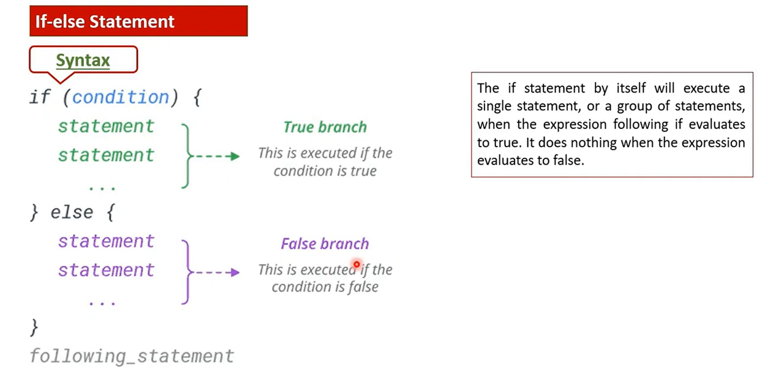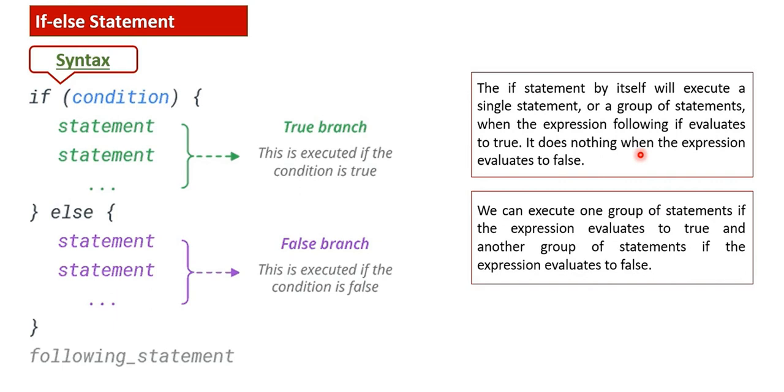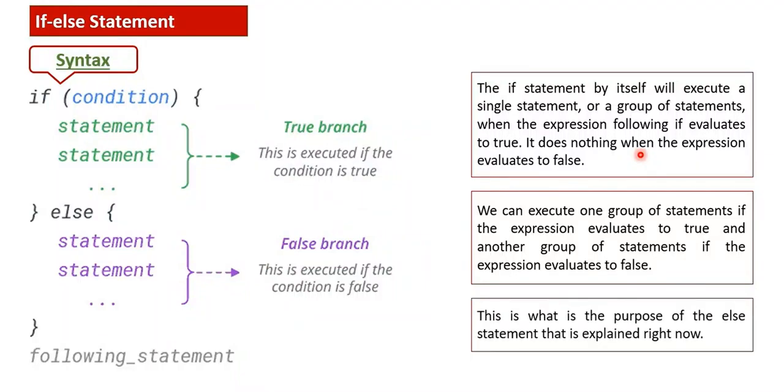It does nothing when the expression evaluates to false, as we have seen in the previous code. So we can execute one group of statements if the expression evaluates to true, and another group of statements if the expression evaluates to false.